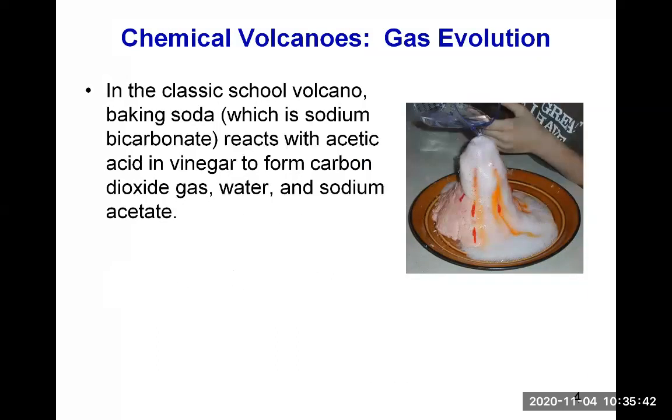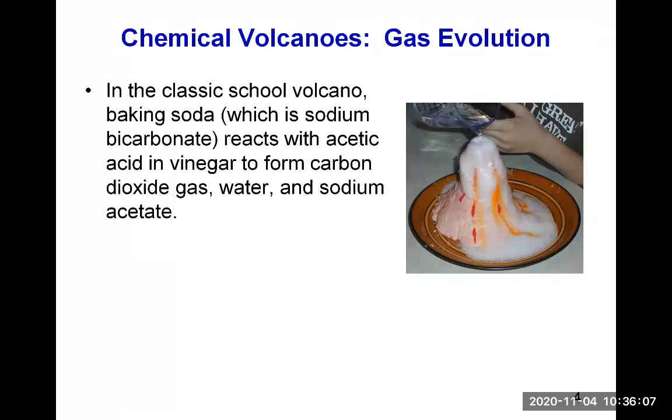Another example of chemical reactions: you've probably all seen the chemical volcanoes, and these are examples of a gas evolution reaction. In this reaction, you have baking soda, which is sodium bicarbonate, and you make it react with vinegar. In vinegar, the active ingredient is acetic acid.